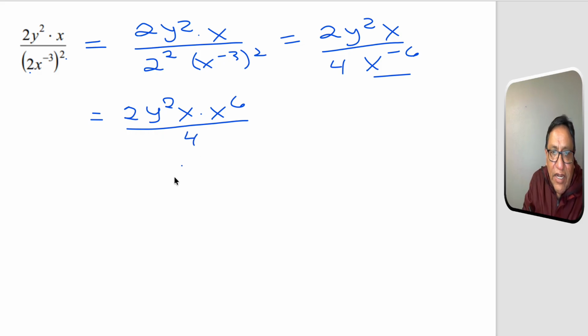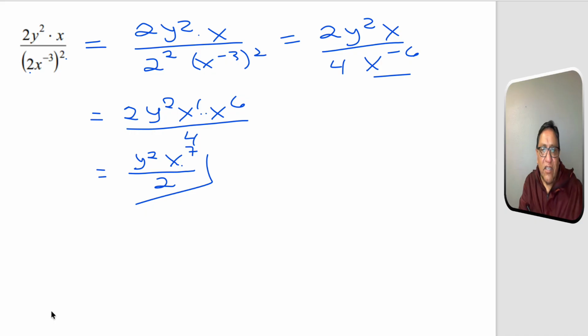Correct? Now maybe we can finish up. 2 divided by 4 will be 1 over 2, so in the denominator will be left 2. Y squared, nothing to do because we don't have another y. But we have x to the power 1 times x to the power 6, so this will be x to the power 7. Why? Because we add exponents. Correct? So that will be the solution.